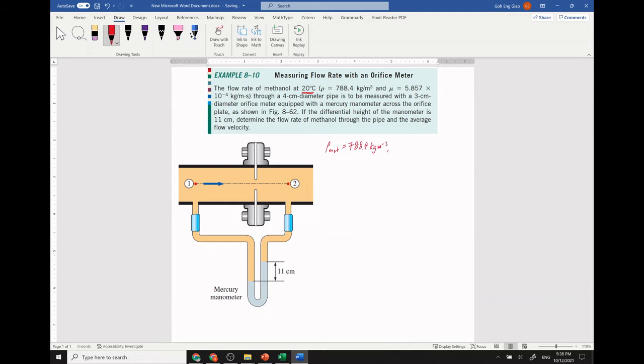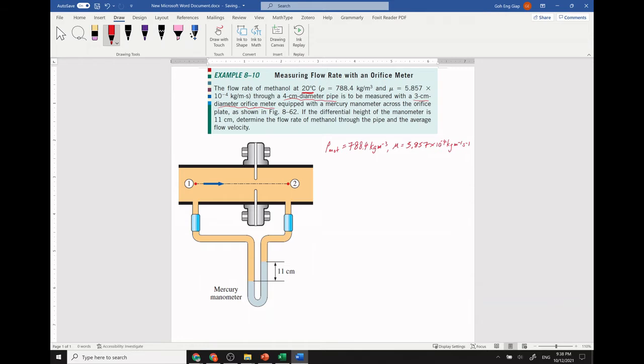And then we have a dynamic viscosity of methanol at 20 degrees Celsius of 5.857 multiply 10 to the power negative 4 kilogram per meter per second. We have a 4 centimeter diameter pipe to be measured with a 3 centimeter diameter orifice meter.